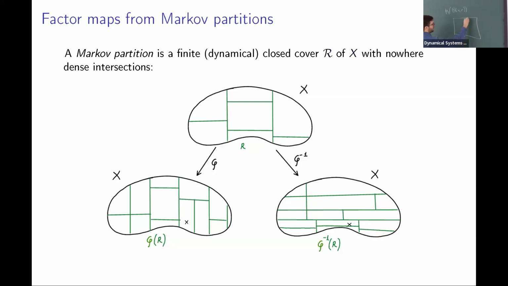If this is your space and you cut it into pieces, and you take some ball here, we would like to know how many rectangles intersect that ball, among all rectangles of size similar to the radius of the ball, at every level, every scale.